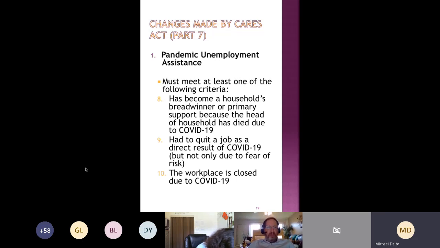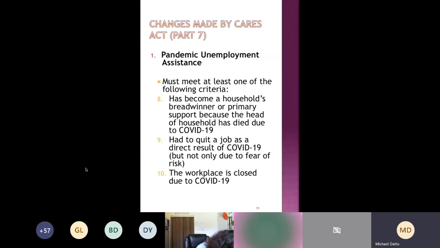Also, I don't expect with the timeframes involved that there will be regulations that are promulgated to more clearly answer some of these questions. What I can say is that some key members of Congress have indicated that they did not intend reason number 9 to apply to anybody who just simply thought that they'd be safer if they quit their jobs and stayed home.